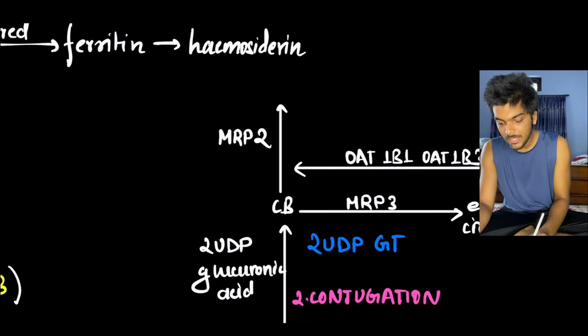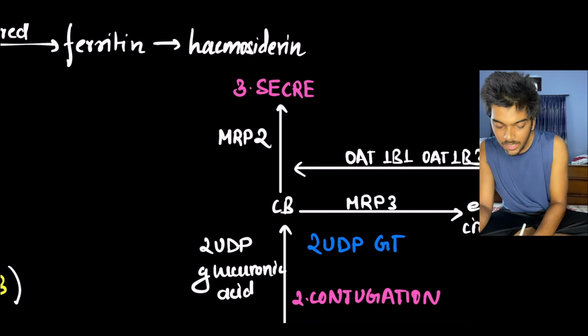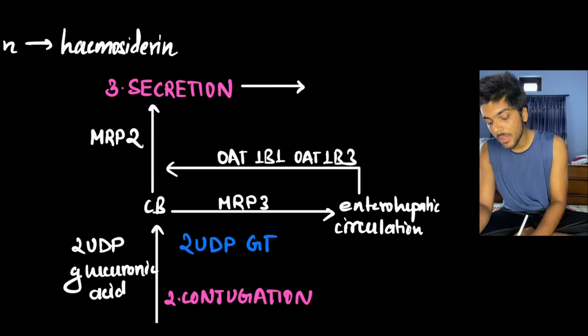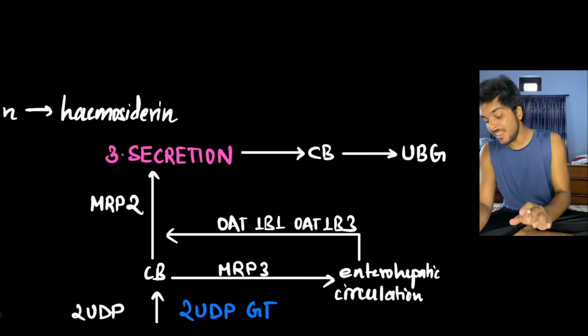This is the third step, secretion into biliary circulation. From the biliary circulation, the conjugated bilirubin enters the duodenum, where it gets converted to what? Urobilinogen.